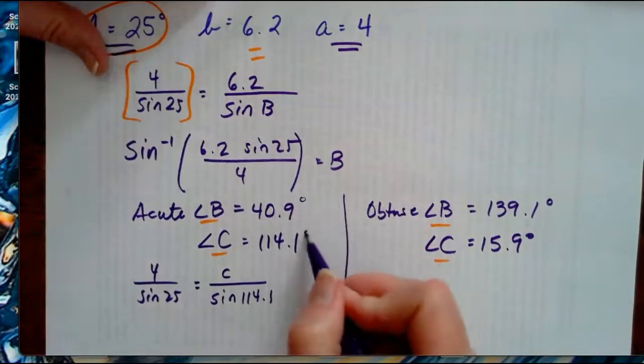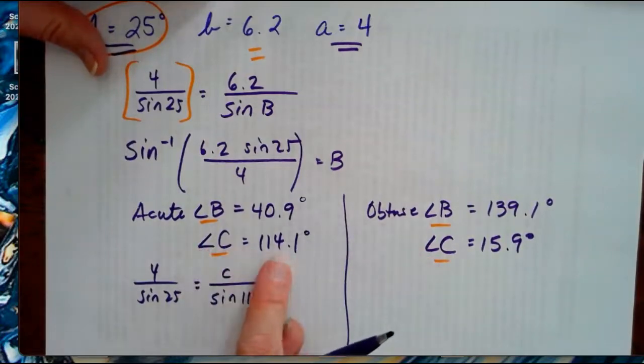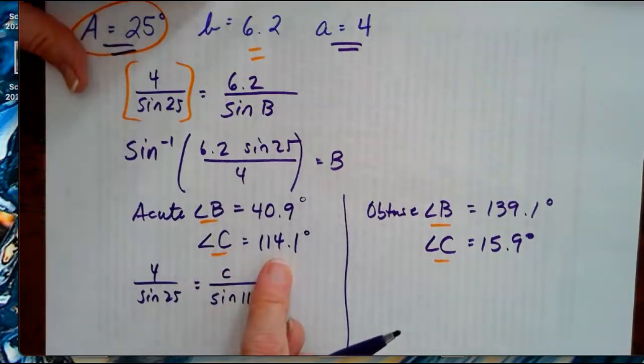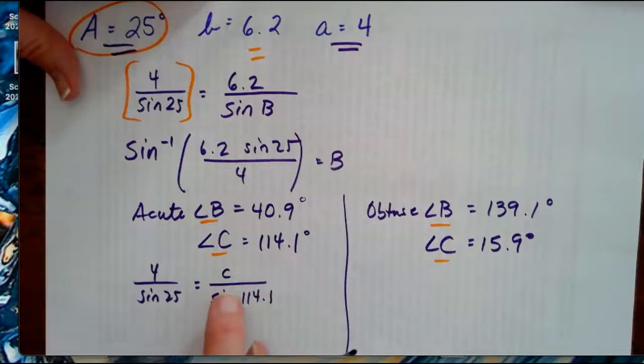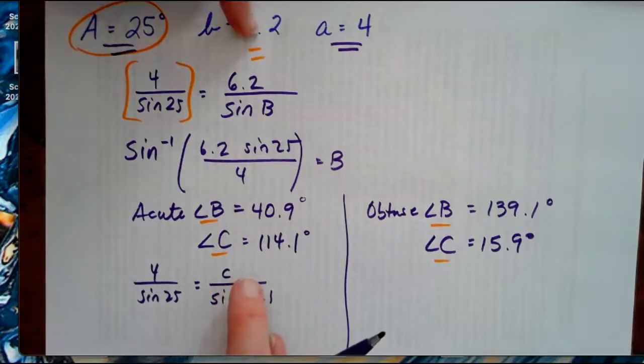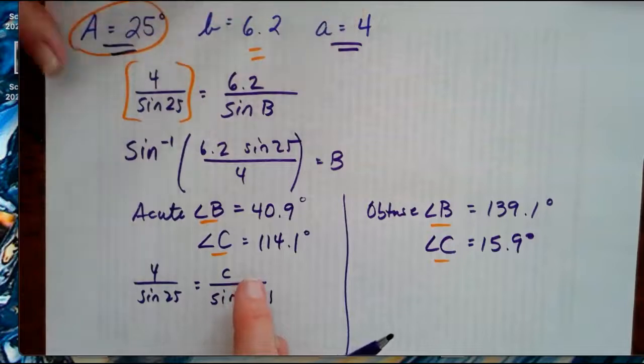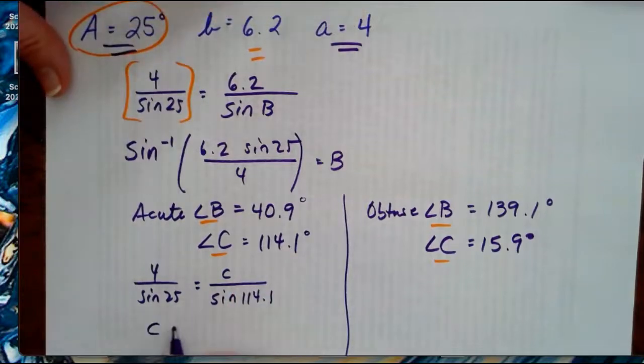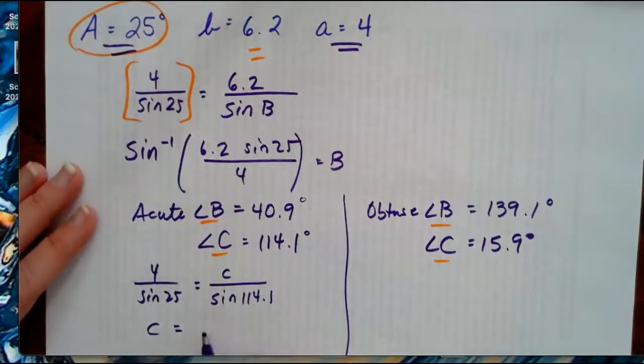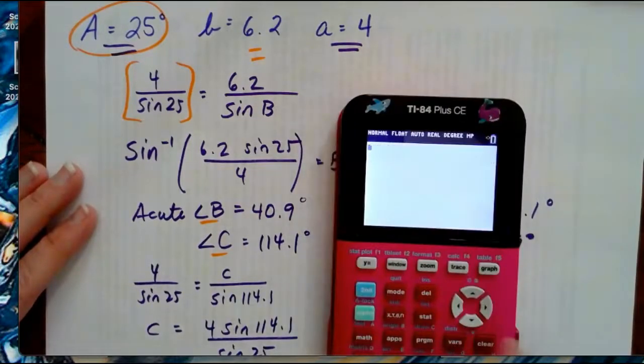Now think about it. If angle C is 114.1, that is clearly going to be the biggest angle. Therefore, side C should be bigger than little b and little a. So cross multiply and solve for c. For the calculator, I will use the fraction key here.